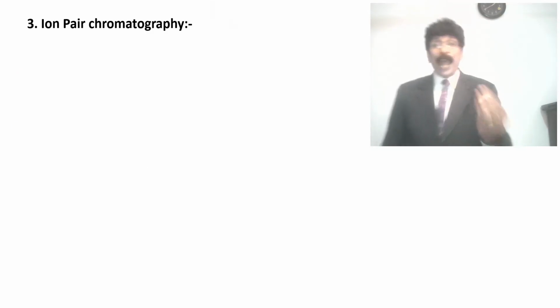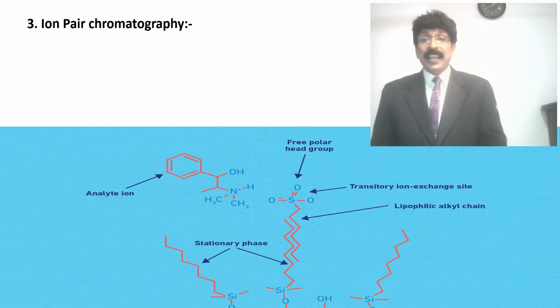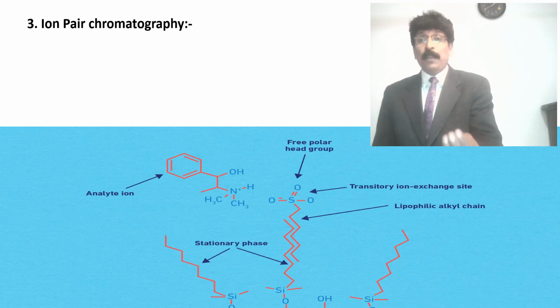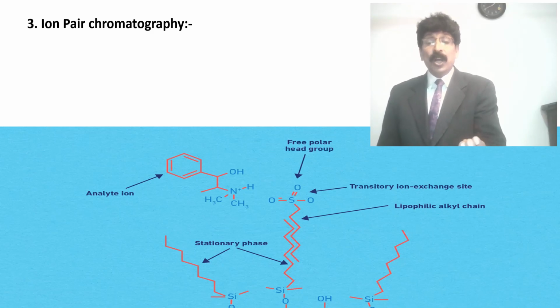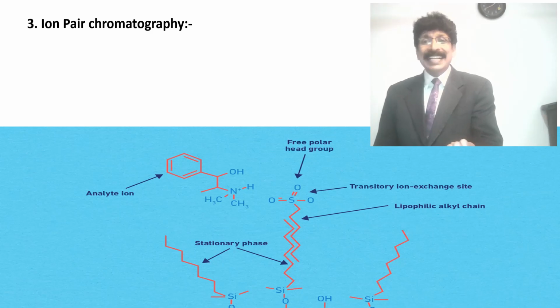Ion pair chromatography. See here, the siloxane structure which we have talked about, the bonded stationary phase, where the lipophilic alkyl chain forms the bond with sulfonic acid.